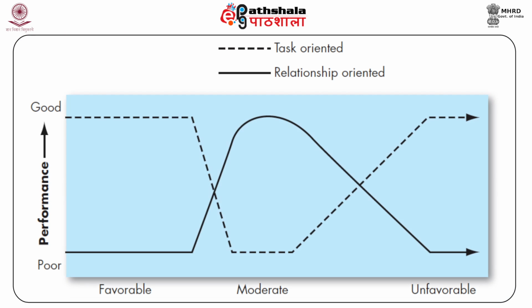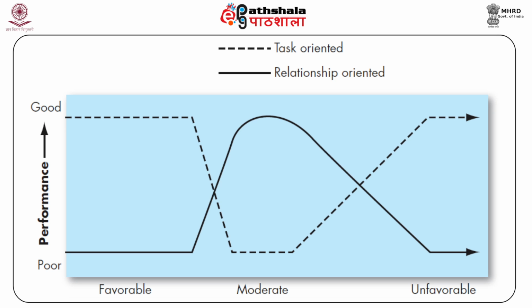Fiedler concluded that when the situations are either too favorable, that is high control situation, or too unfavorable, that is low control situation, task-oriented leaders generally performed better.